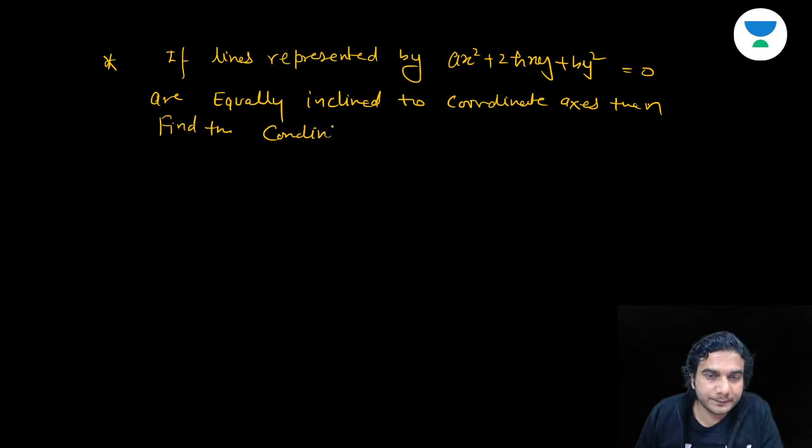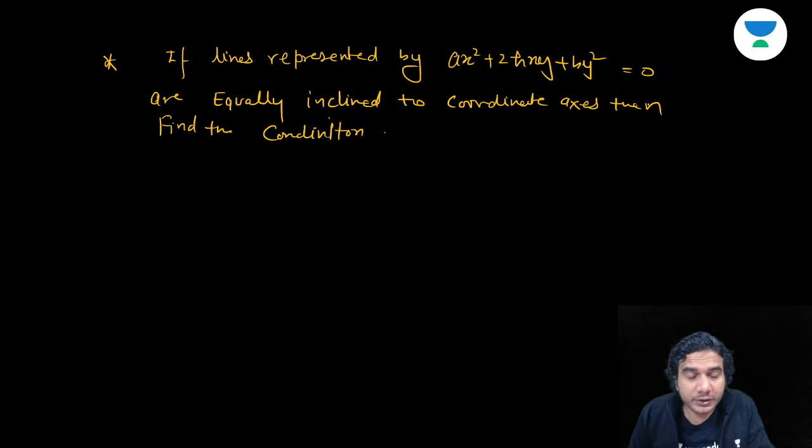Now try it. I'm asking that if the lines are equally inclined to the coordinate axes, then what will be the relation between a, h and b?